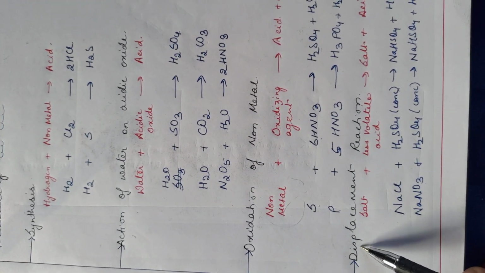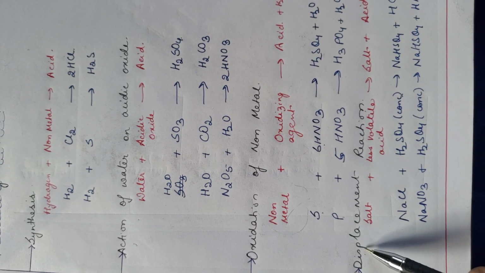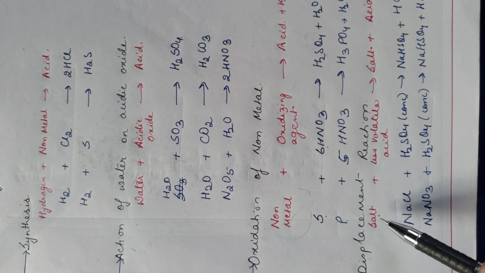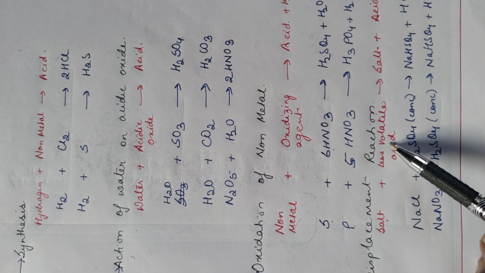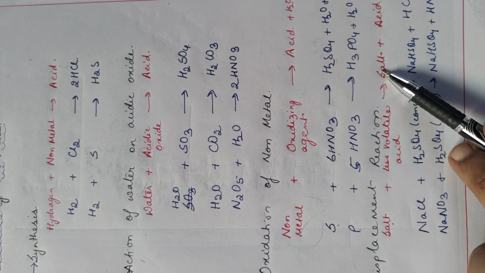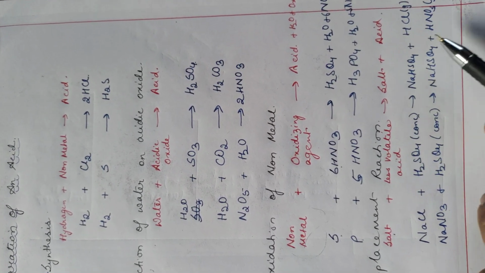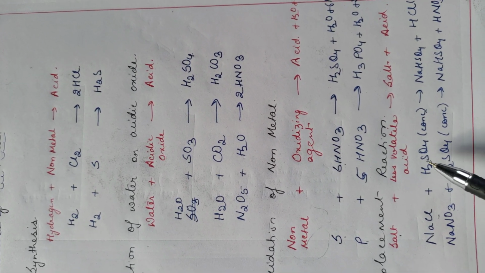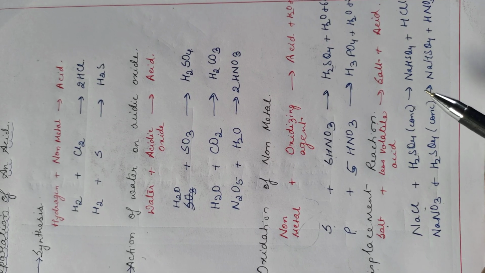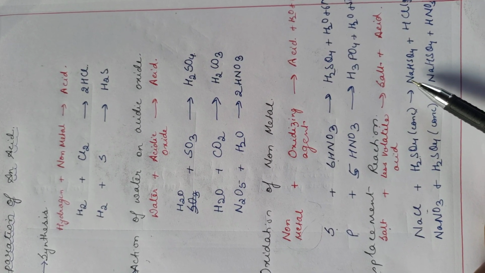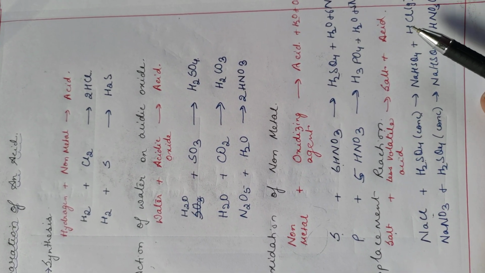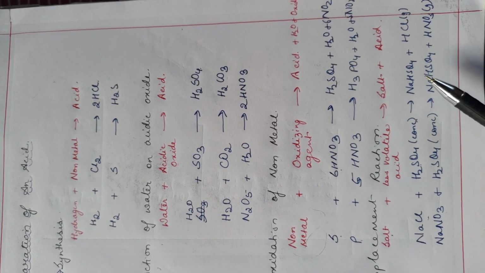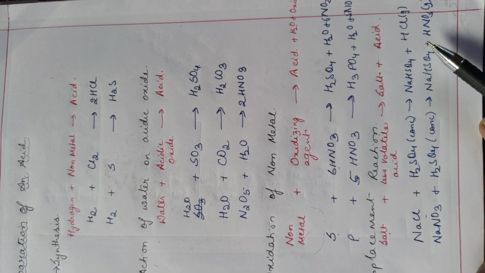The last method is displacement reaction, where salts of volatile acids are treated with a less volatile acid to produce salt and acid. So you can take sodium chloride, NaCl, and treat it with conc. H2SO4. It will produce sodium bisulfate and HCl. Similarly, NaNO3 will also produce nitric acid in the same method.